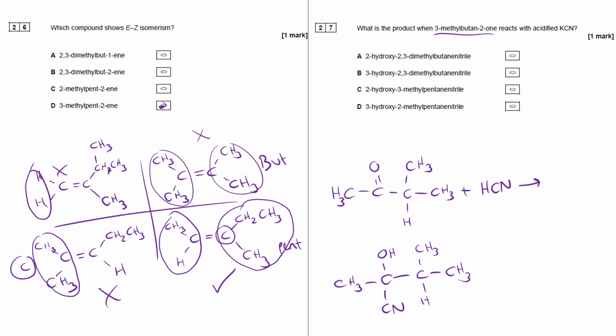When you have a nitrile group, the CN is carbon 1, and then you find your longest carbon chain. So what we have is 4 carbons in a row. That would be butane nitrile. On carbon 2, I've got a hydroxy group.